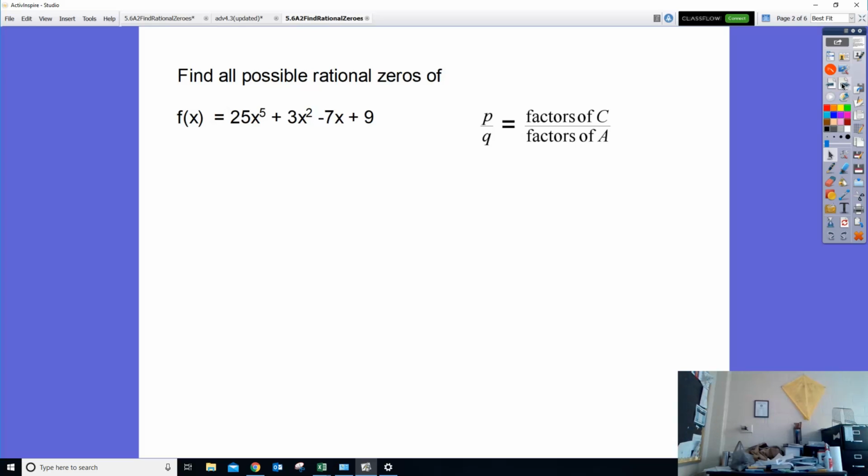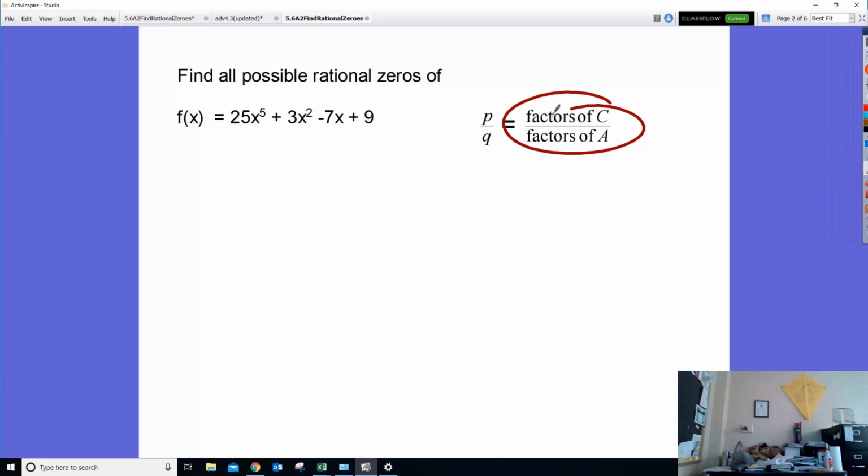Now here's your setup. You take factors of C over factors of A. Well, I'll just start off with my constant. What is my constant? Nope. 9. What's A? 25.